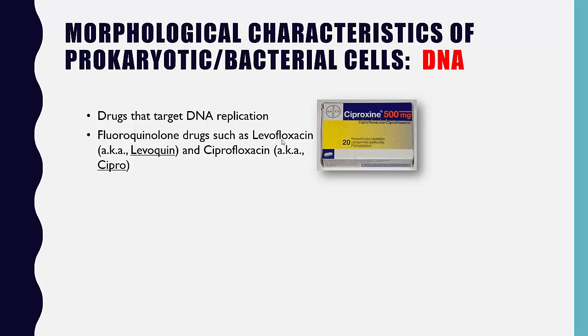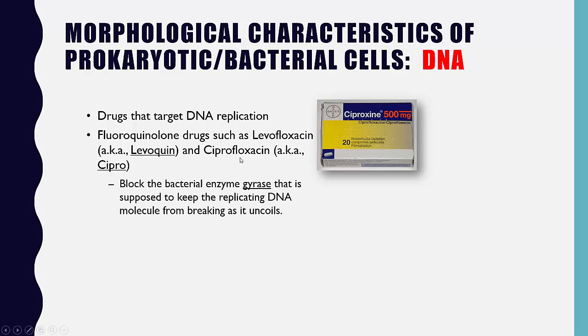Okay. All right. So, fluoroquinolone drugs such as levofloxacin or levaquin and ciprofloxacin, Cipro, they are used for different kinds of bacteria. They are not used interchangeably. All right. And some of these are not used in young children because of possible toxic effects. But what do they do?